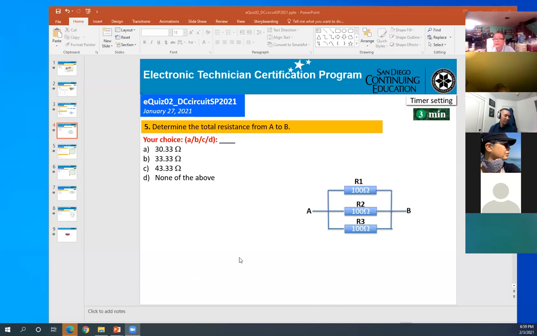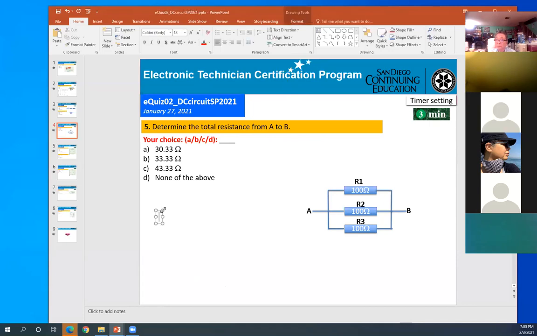So you can use the formula, slide 29 of the handout. The combination is 1/100 plus 1/100 plus 1/100, which is 3/100. Then you take the reciprocal, which is 100/3, which is 33.33.